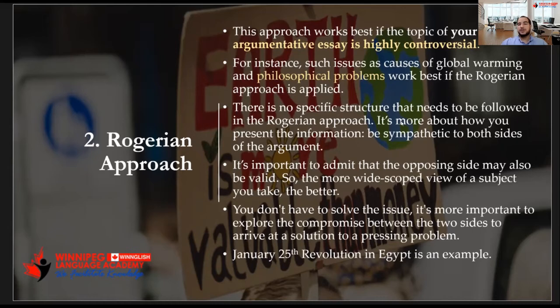There is no specific structure for that that you need to follow, but you need to present both sides, and you need to be sympathetic with that. So you don't show that you're with one of the sides. You just mention facts. So you say a group of people think that this and this is true because these are the reasons. They could be right because so and so.